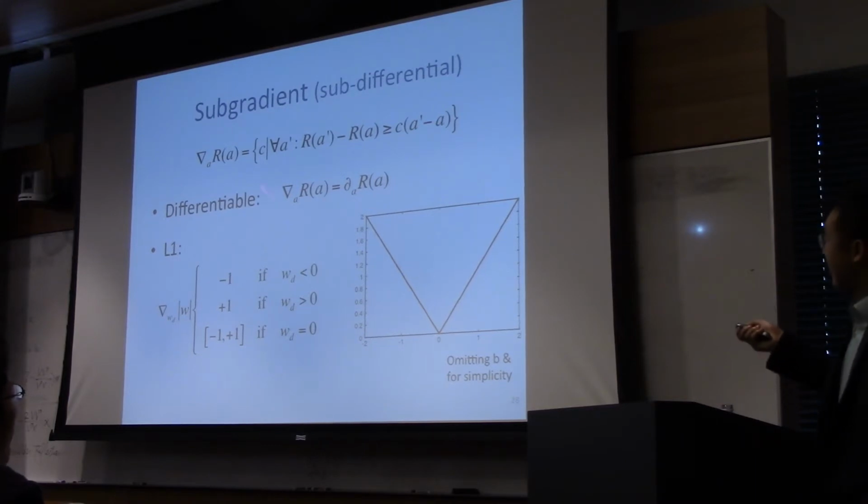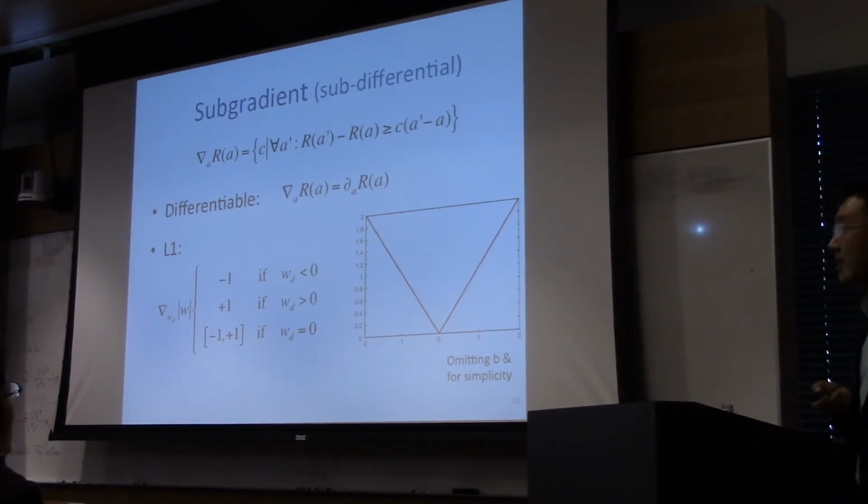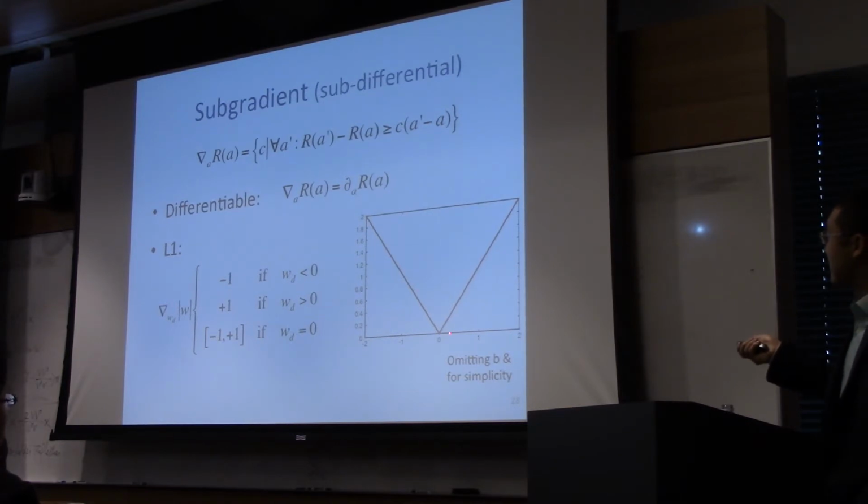And in particular, in this one-dimensional case, it's a set of slopes, because that's the gradient in the one-dimensional case. It's the set of all possible slopes bounded between -1 and +1. So for L1, if the W component is negative, then the slope is -1. That's the gradient of the L1 penalty at this point.